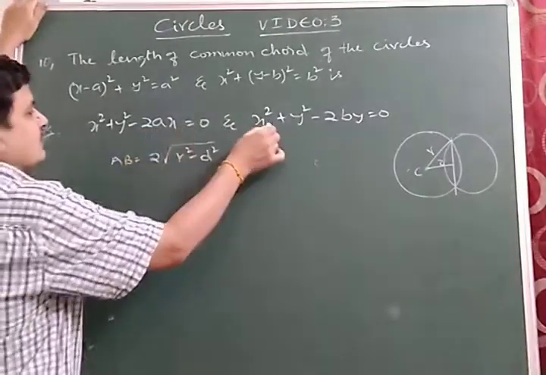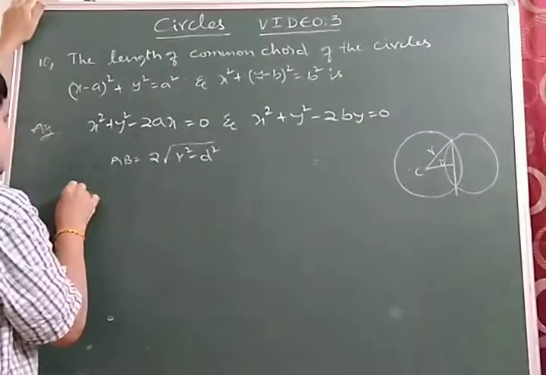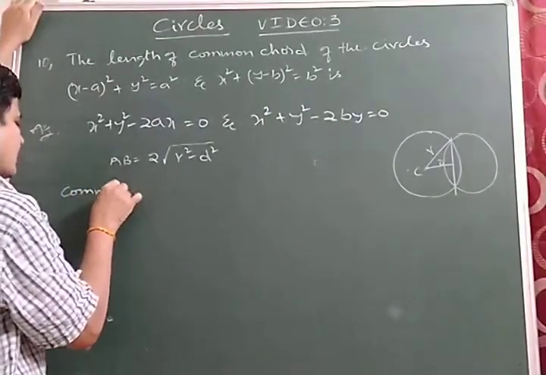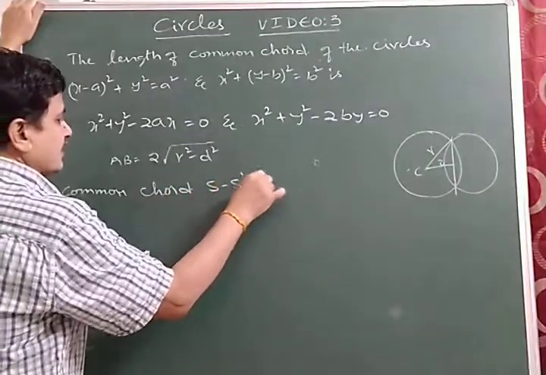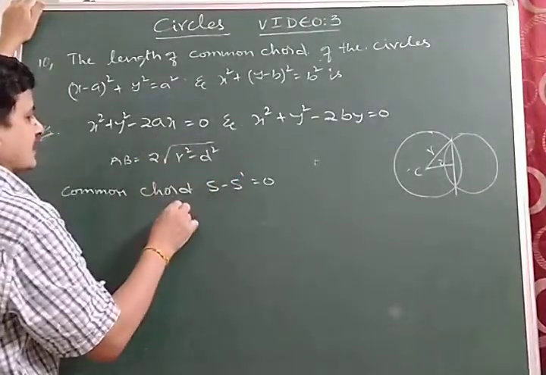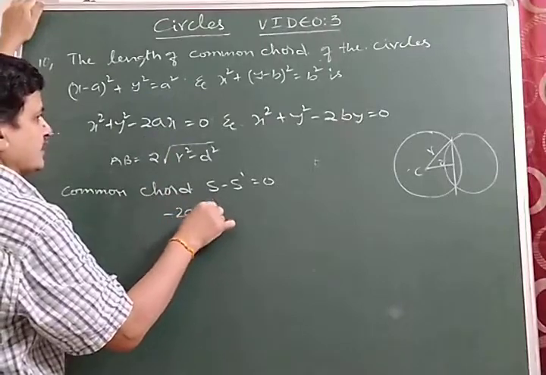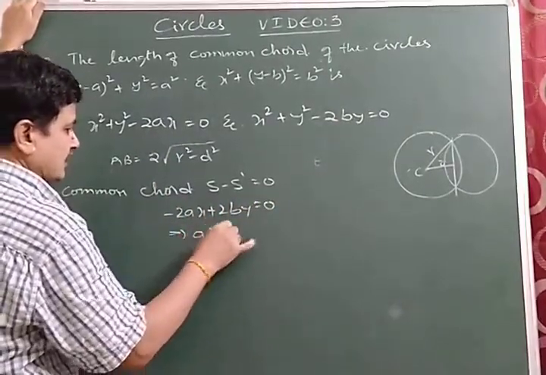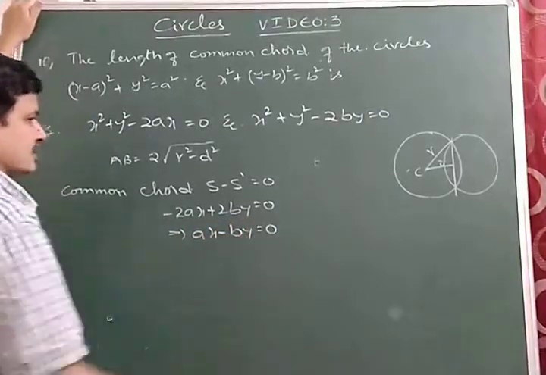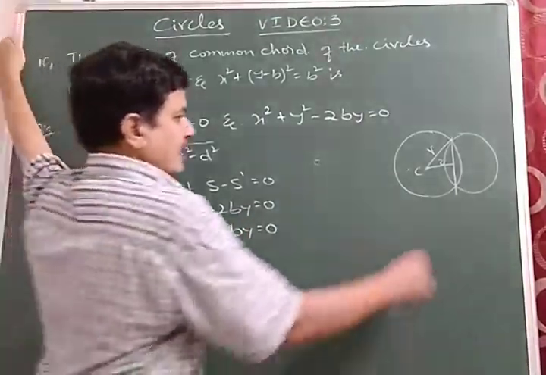Here, first of all we find the common chord, that is s minus s dash is equal to 0. Now we take minus 2ax plus 2by is equal to 0. So that implies ax minus by is equal to 0. That is the common chord AB.